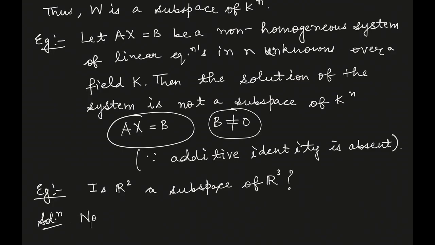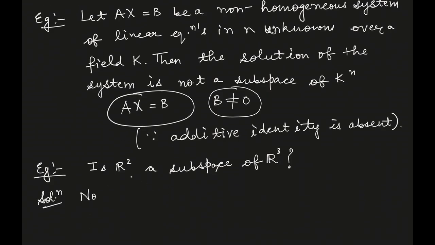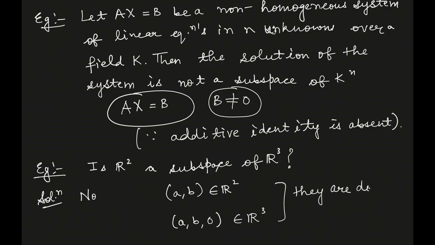If we take an ordered pair from R square, it will not belong to R cube, so the closure property will not be satisfied. If we take any ordered pair of R square, then it can be written as a comma b comma 0 in R cube, and they are distinct elements, so it cannot be a subspace.